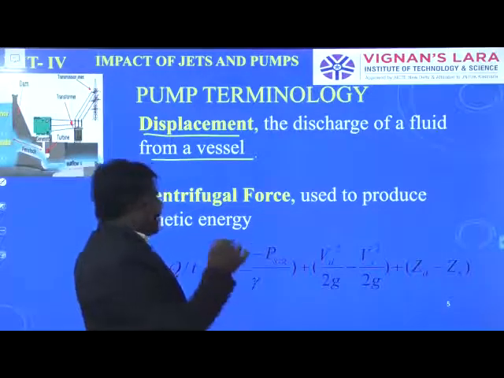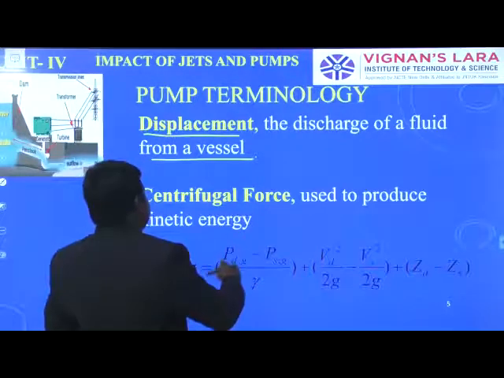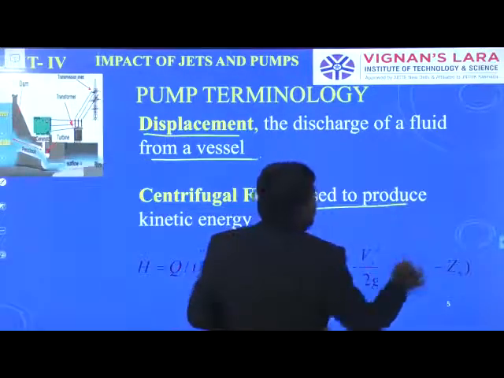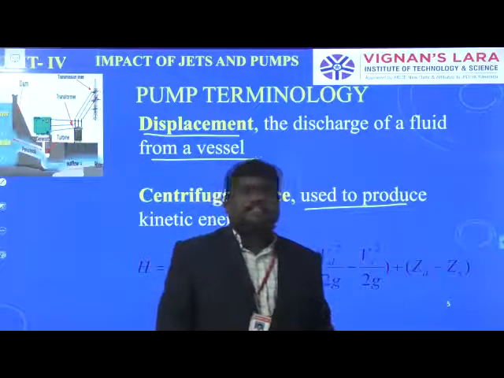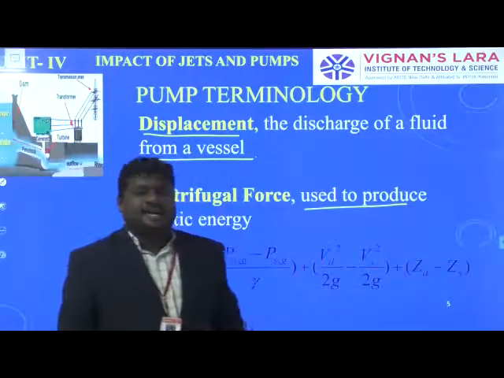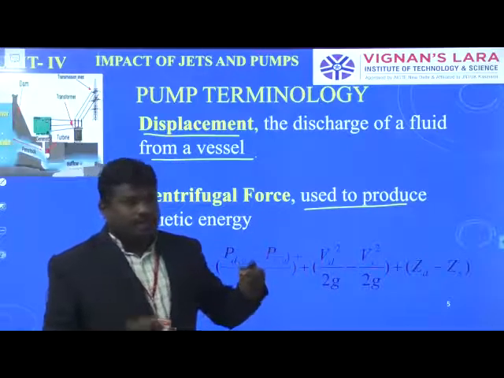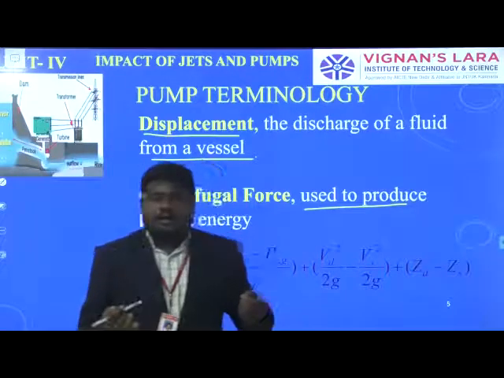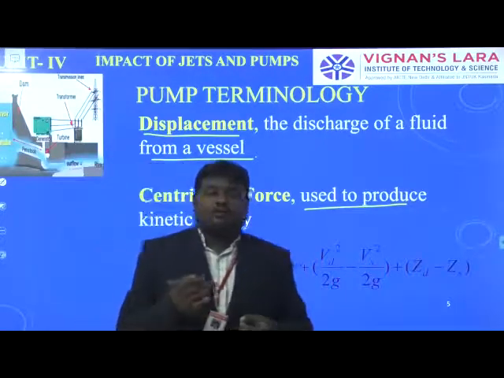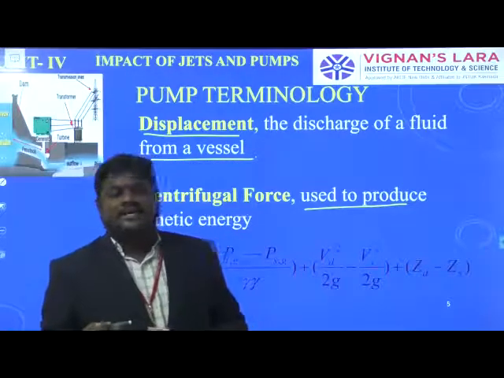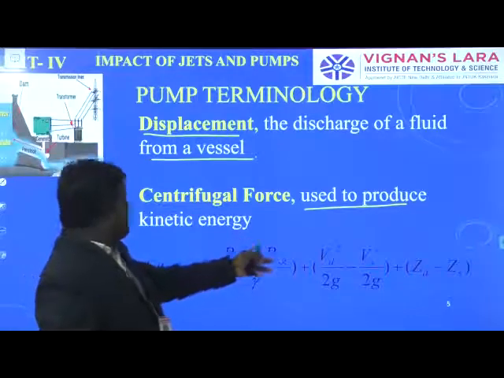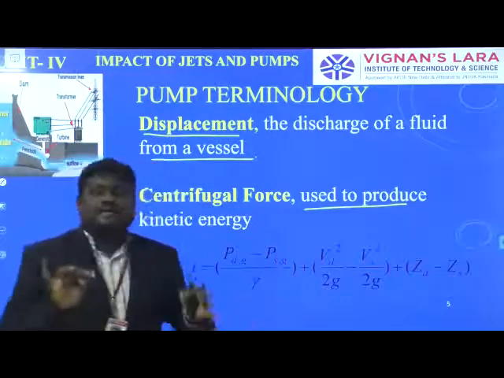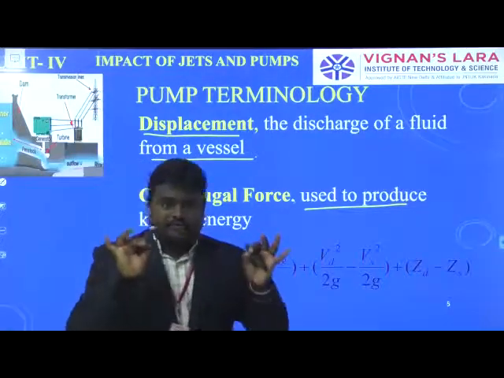The circulation or centrifugal forces are used to produce kinetic energy. We have potential energy and kinetic energy, as well as the total energy. The total energy is the combination, or addition, of the potential energy plus kinetic energy. Here the centrifugal forces produce the kinetic energy only.